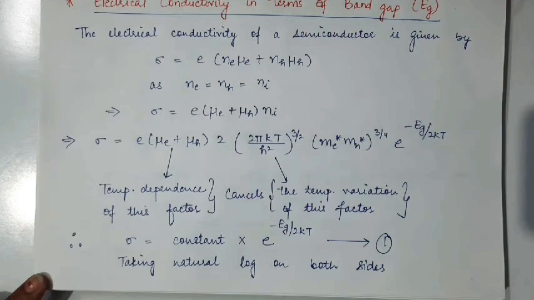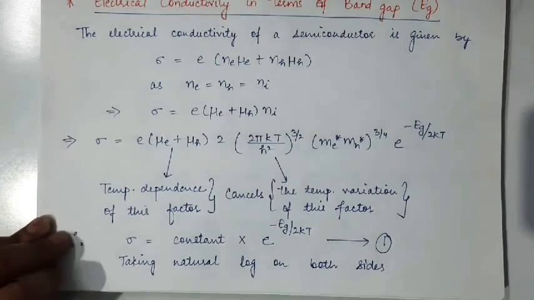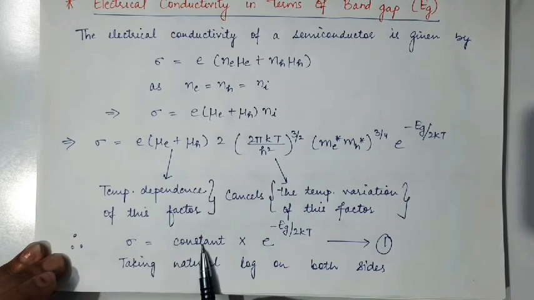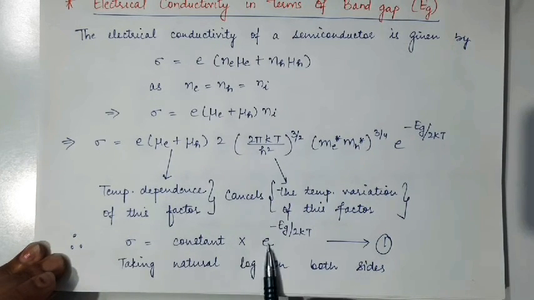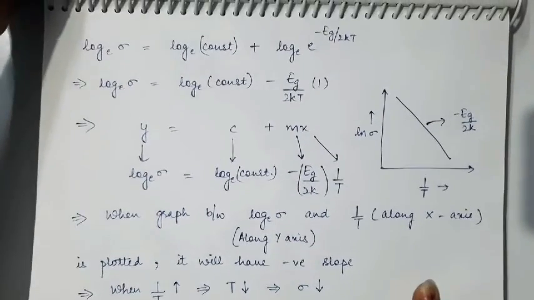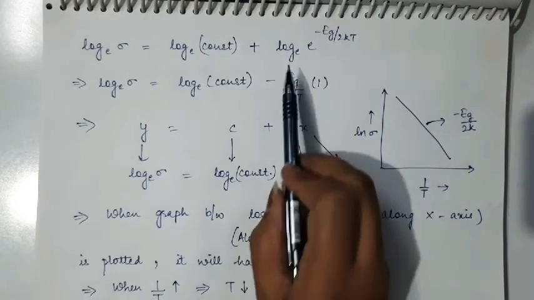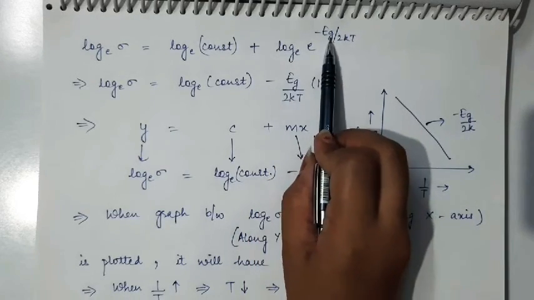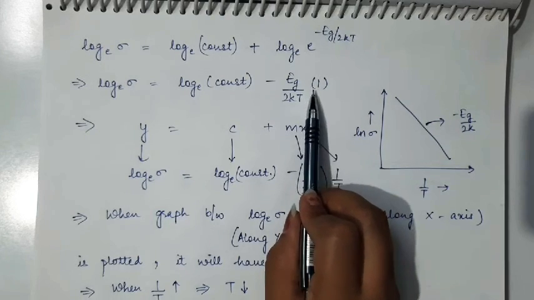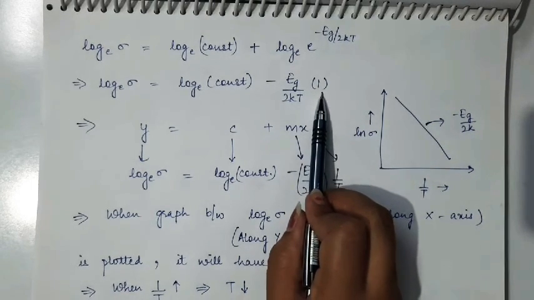Now to check the variation of sigma with temperature, take natural log on both sides, that is log to the base e. What we will get? Log to the base e of sigma equals log to the base e of constant, plus log to the base e of this term. And we know that log m raised to power n is n log m, and log to the base e of e, natural log of e, is 1.